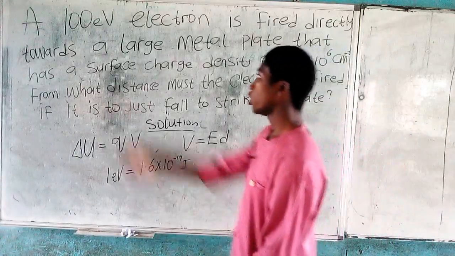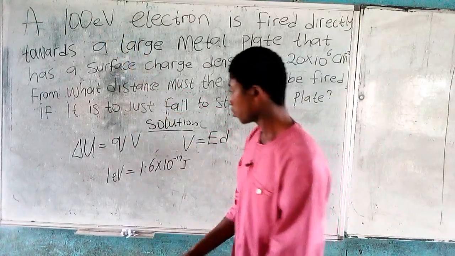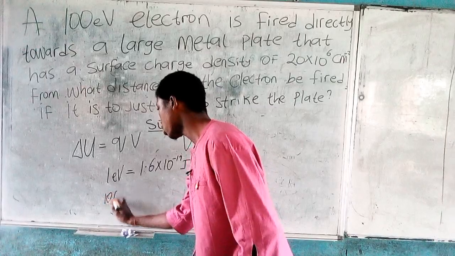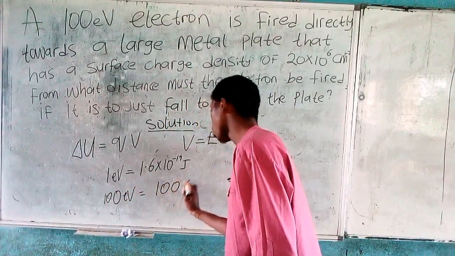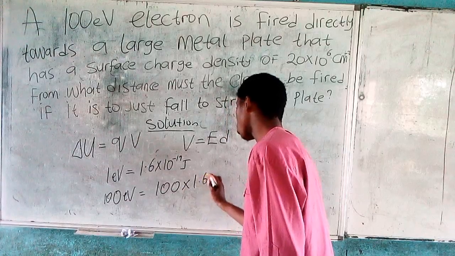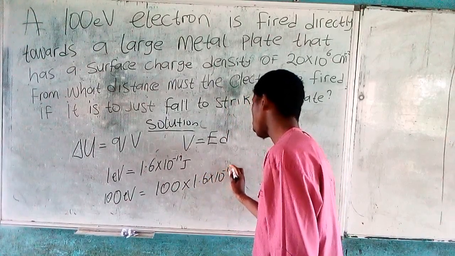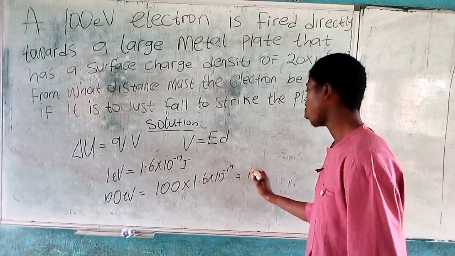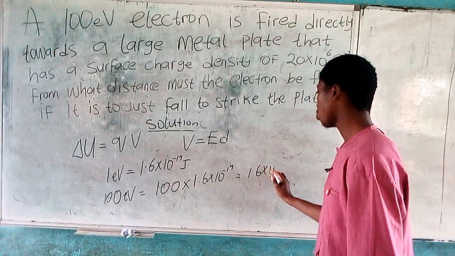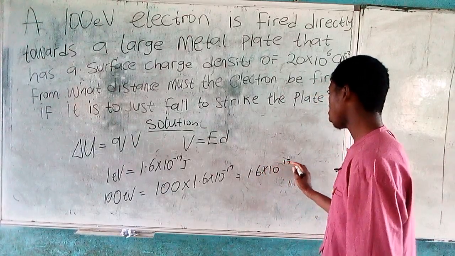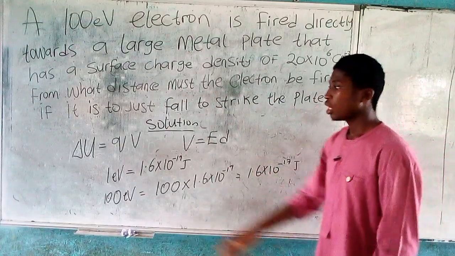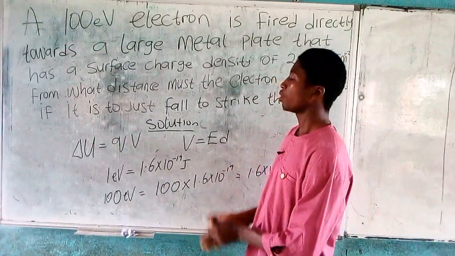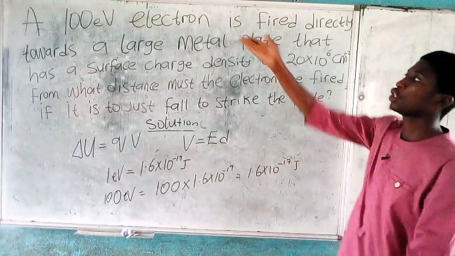So 100 electron volts is equal to 100 times 1.6 times 10 to the power of negative 19, and this will be 1.6 times 10 to the power of negative 17 joules.